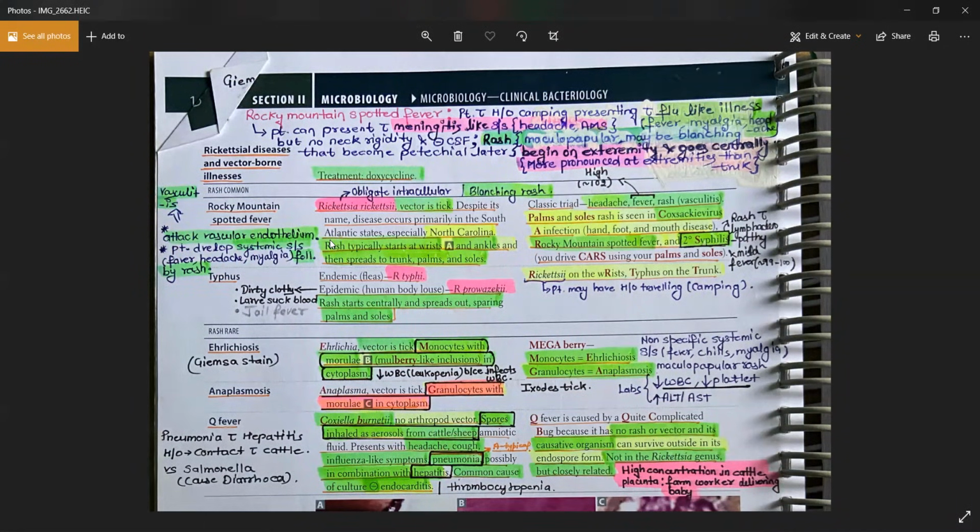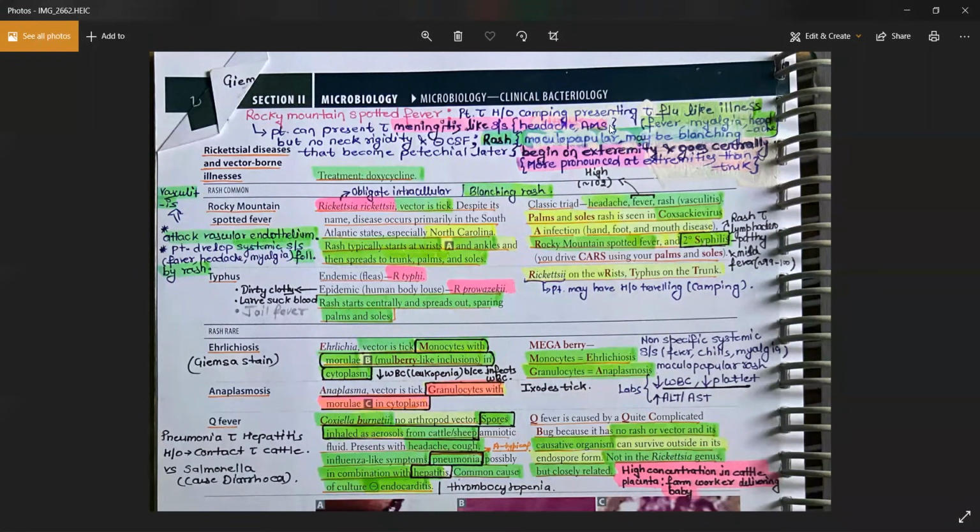Okay, so first you will get the systemic signs and symptoms like fever, headache, muscle pains, fatigue, weight loss, and then you will have the rash. And you need to know that the rash will begin at the ankles and the wrist, and then go centrally. Okay, and the rash initially are the maculopapular rash, which are the blanching, and then they become the petechial type rash.